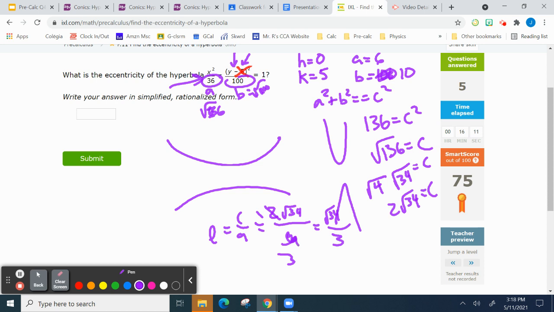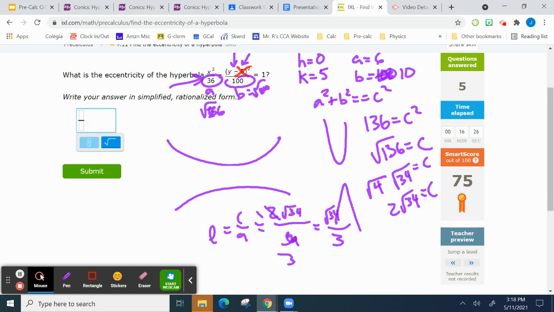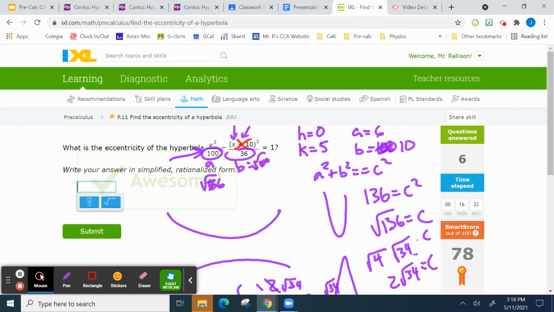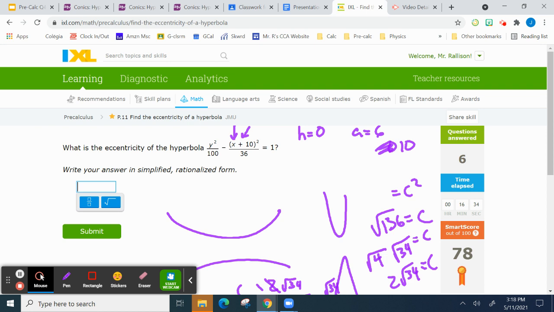Whew, I sure feel like I'm going to mess up something. Oh well, whatever. We'll all mess up together. And I'm going to end this video after, well, I know I keep saying that, but root 34 over 3. Oh, it was not simplifiable. How about that? Okay, clear that.